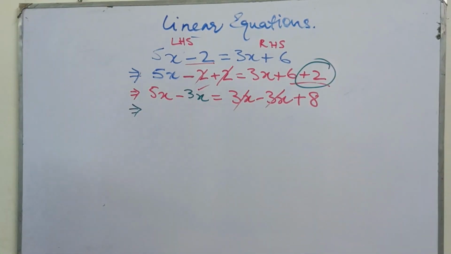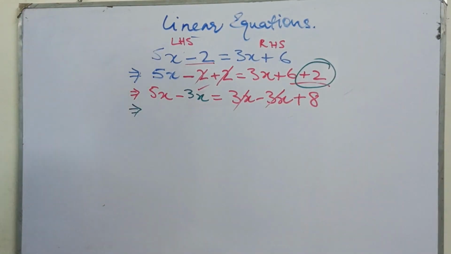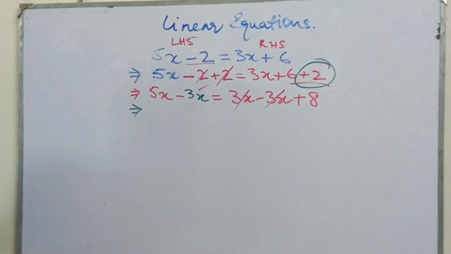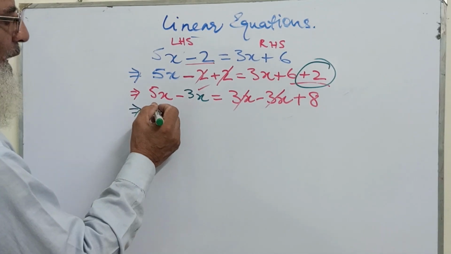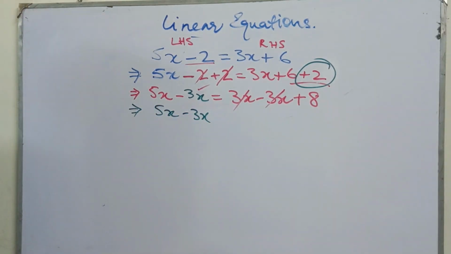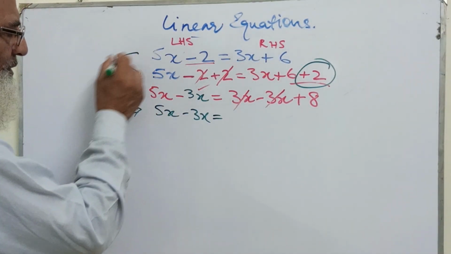When we go deep in the studies, especially in the examination hall, we don't have time to write two more lines. So what we do is, I just write it like this, from here to here.